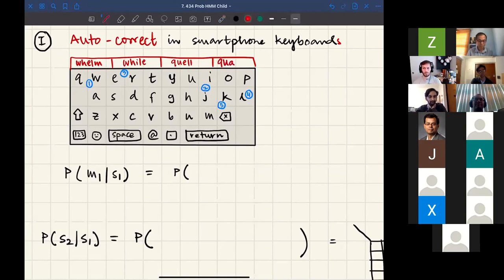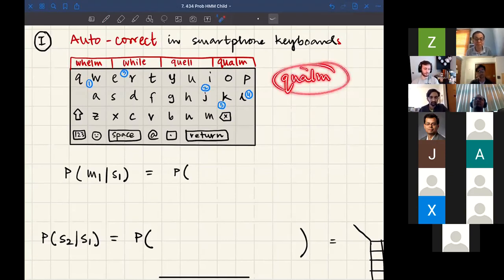Quam is also very nice, or maybe a little bit less nice than Quell, because A has this thing. And now in your dictionary, if you look at all English language being used, you see that quam is used more often than quell. If quam is a more frequent word, that's part of your motion model too.